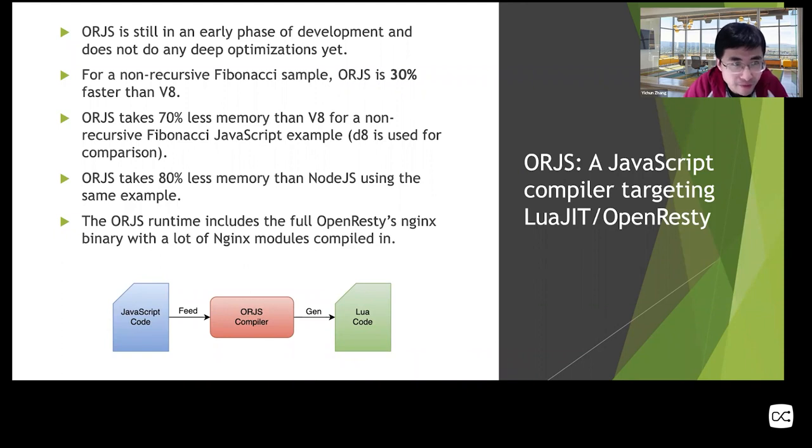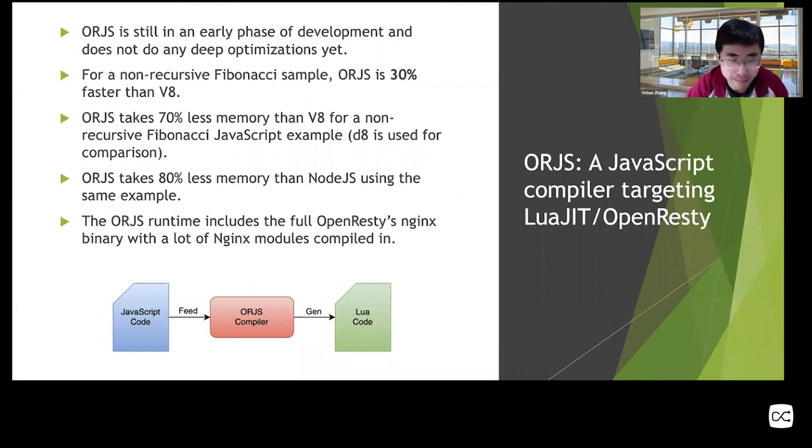We can see that for a simple example, like a non-recursive Fibonacci example, ORJS is 30% faster than V8. It also takes about 70% less memory than V8 for a non-recursive Fibonacci JavaScript example. D8 is used here, and it uses even more, 80% less than Node.js, where Node.js is much bigger, even bigger than D8.